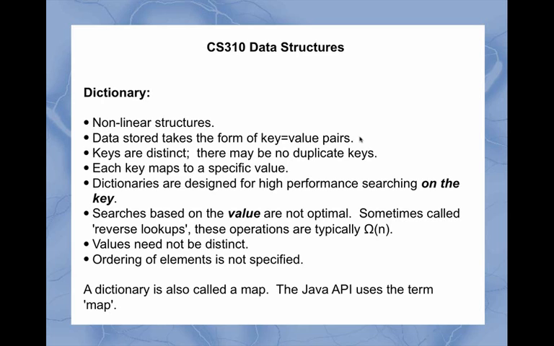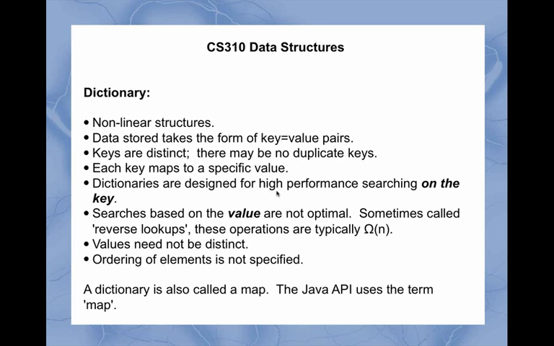So for a student instance, you can't have 2 students with the same read ID, but you can have 2 students with the same name. So this is the idea of keys and values. The key is the read ID that is used to look up or find the student record. And you may have matching records. You may have students with the same name, though they're not the same student. But you can never have 2 students with the same exact read ID.